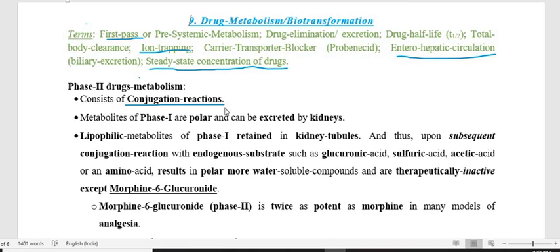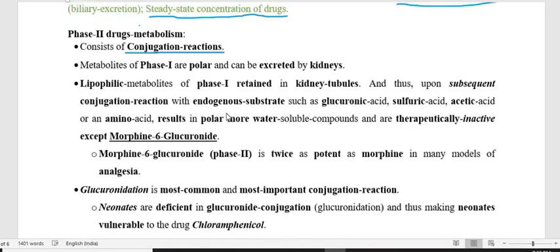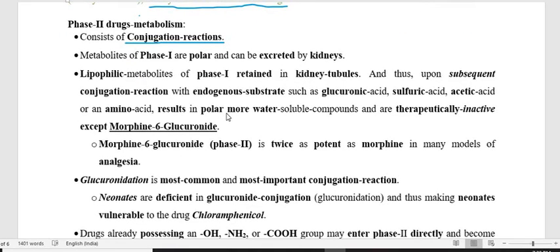The main enzyme of phase 1 drug metabolism resides in the endoplasmic reticulum of the cell, and the enzyme is called cytochrome P450 system enzyme, also called microsomal enzyme, also called mixed function oxidase, that is MFO.